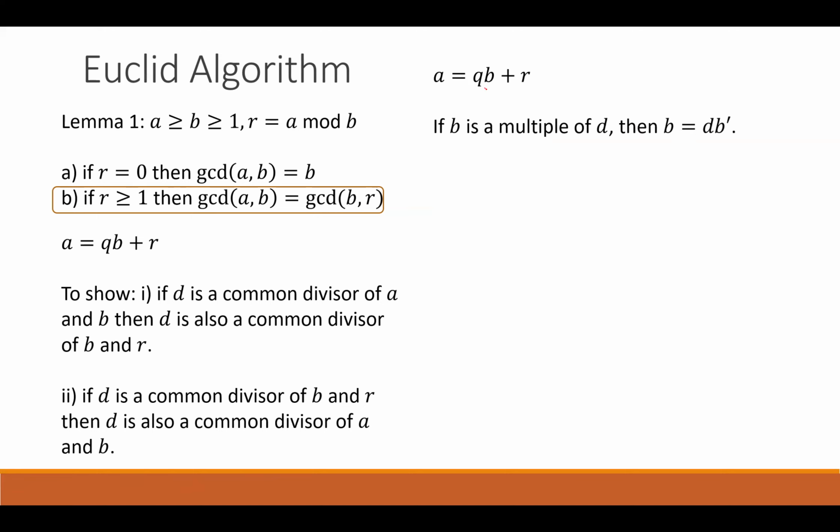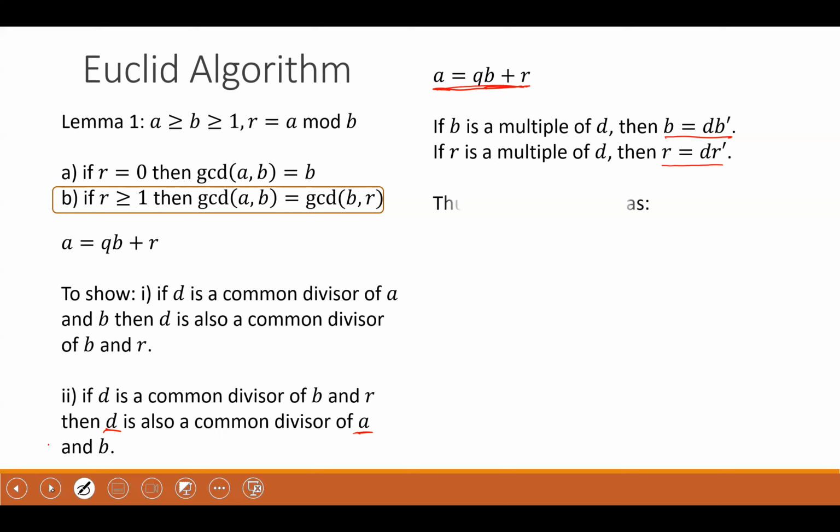And this time we're assuming that B and R have a common divisor D. And then we're going to show that it's also a common divisor of A. So I'm going to write B as D times B prime, which I can do because D divides B. I'm going to write R as D times R prime, which I can do because D divides R. Then when I express A as QB plus R, I can again take out the common factor of D. So again, if D is a factor of B and R, it's also a factor of A. All right.